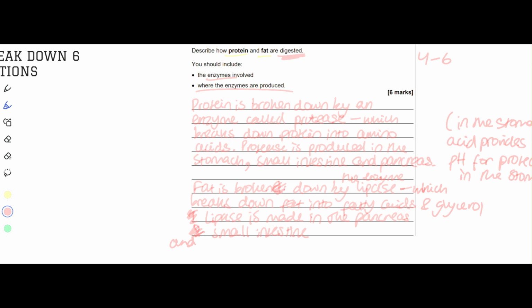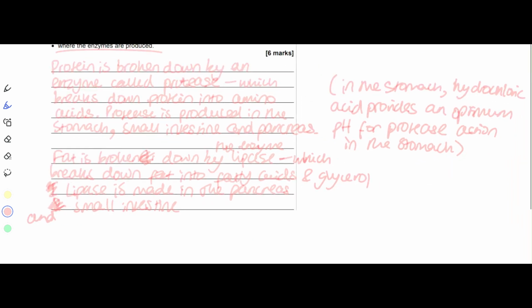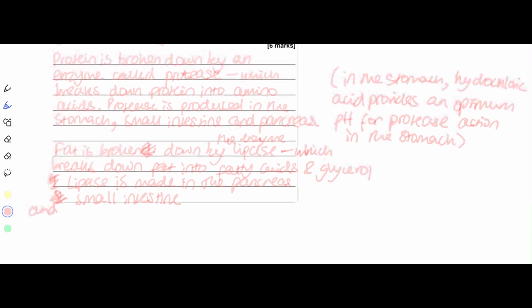So then we can also write extra for this, and we can talk about bile as well. But I think we've pretty much hit all the points for 4 marks. But we can also talk about bile as well.